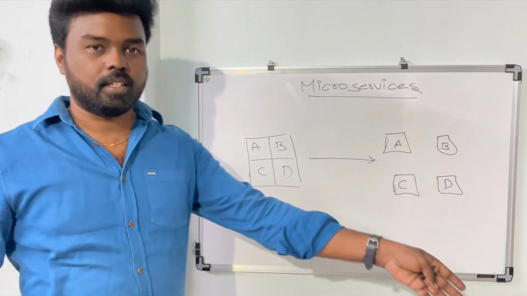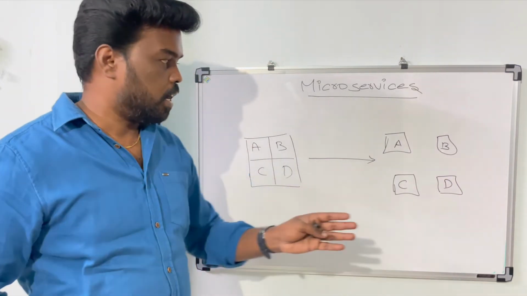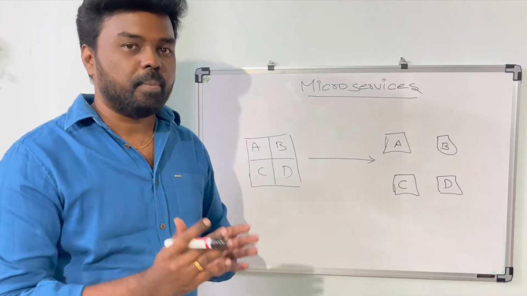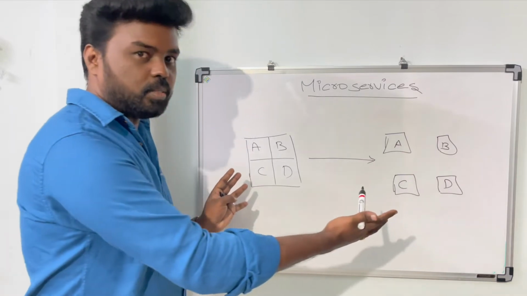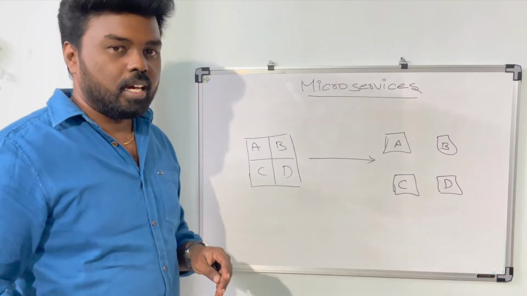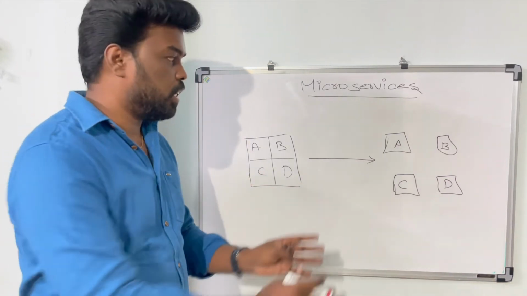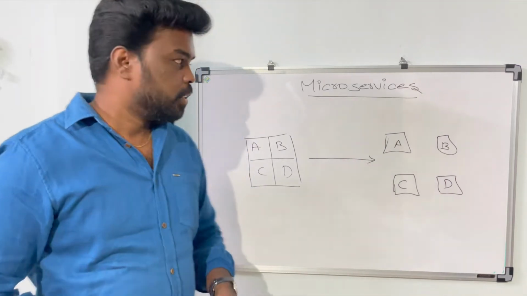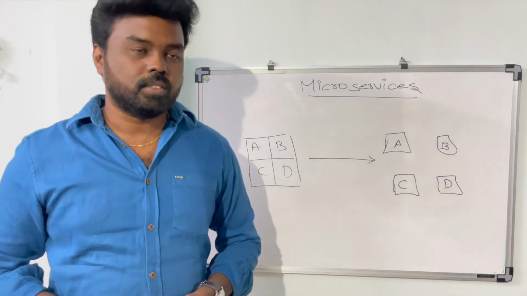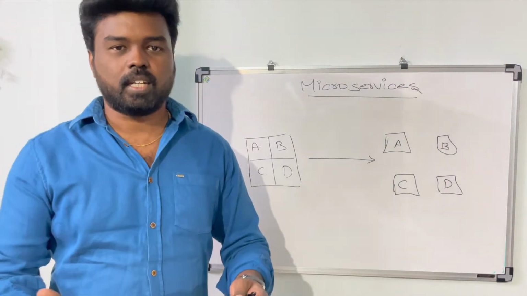You just call another function from module B. But in microservices, the communication between the services happens through the network, and there are a lot of differences because of that. We will talk about the advantages of microservices and the problems with microservices.